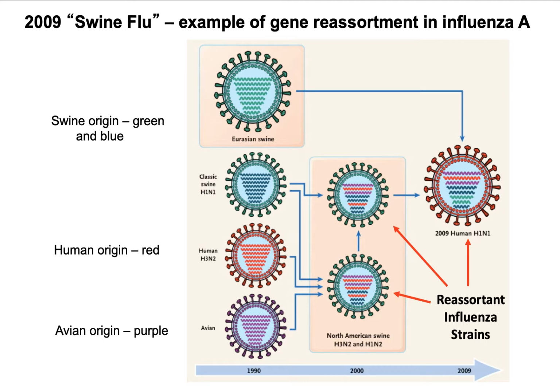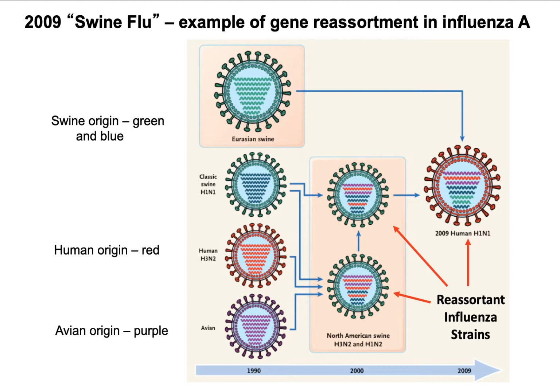And if you get mixing of 2 or more of these strains into a single animal, such as a swine, that's usually what's called the mixing bowl, you can get what are called reassortant influenza strains. So in some cases, they can carry pieces that have a swine origin or a human origin or an avian origin altogether.